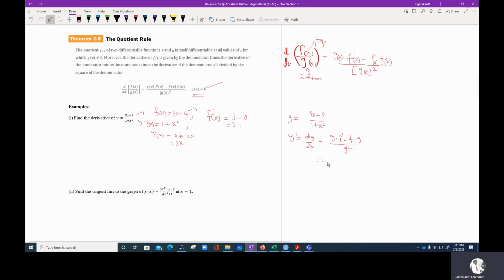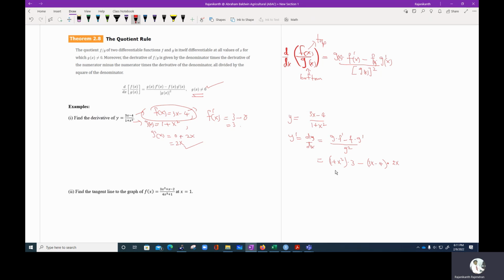The g function is 1 plus x squared, times f prime, which is simply 3, then subtract the f function, 3x minus 4, right? Then multiply this by g prime, which is simply 2x.